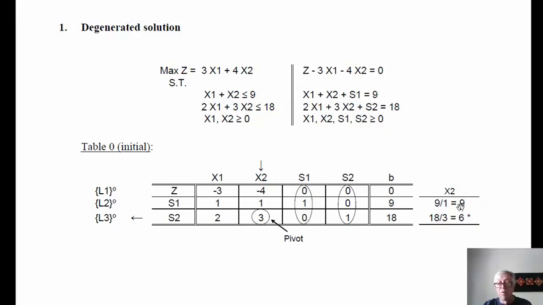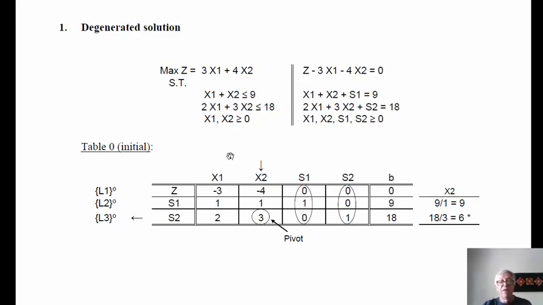So 9 divided by 1 is 9, and 18 divided by 3 is 6. So we need to extract S2. Otherwise, we will have negative values. And as we can see here, the problem cannot have negative values. So the only possibility is to extract x2.